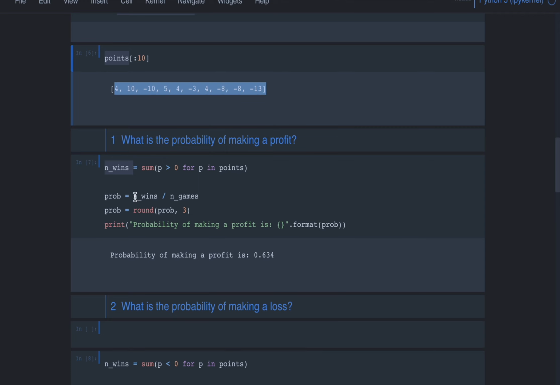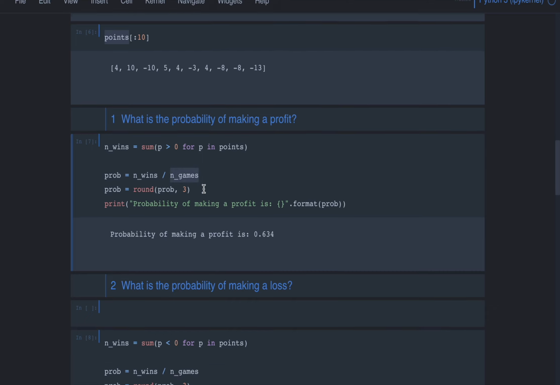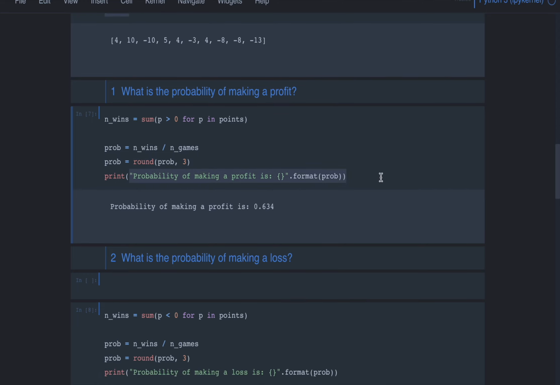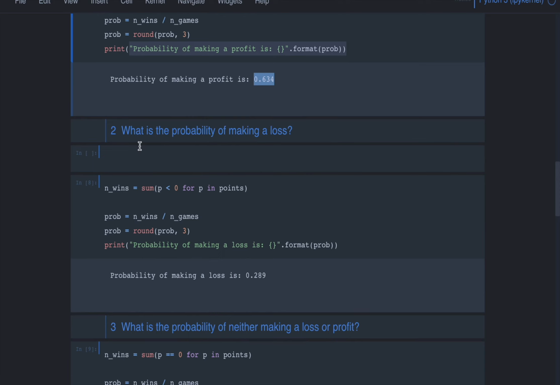So the probability is the number of times we made a profit over the total number of games we have played. This is just rounding the probability to 3 decimal points. Finally, we are printing the probability of making a profit by playing this game. Okay, so it's 0.63.